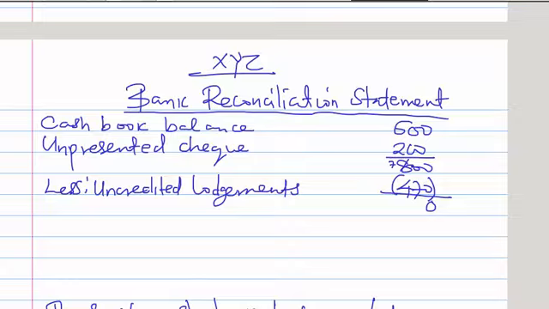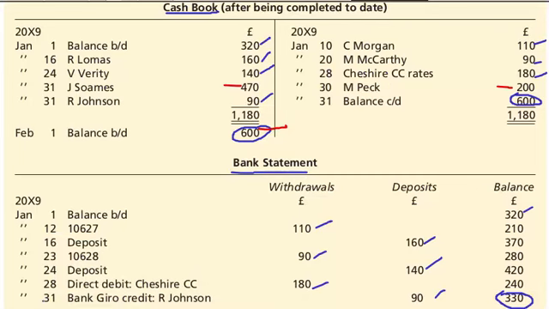This is 7, 10 minus that's 330. So there we go. We've shown that the bank balance is reconciling with the cash book balance like we had right there. So this balance is reconciling with that balance.